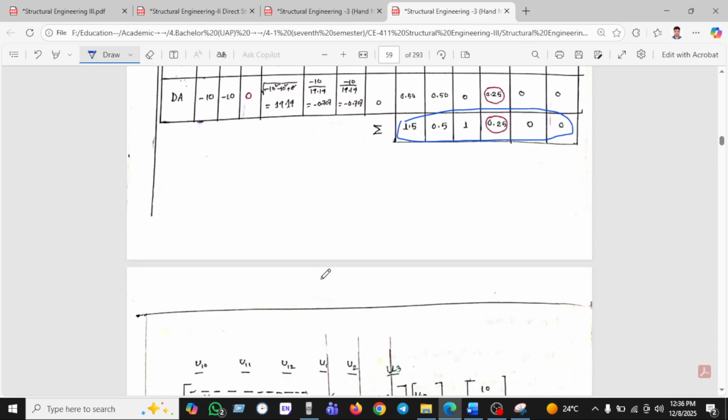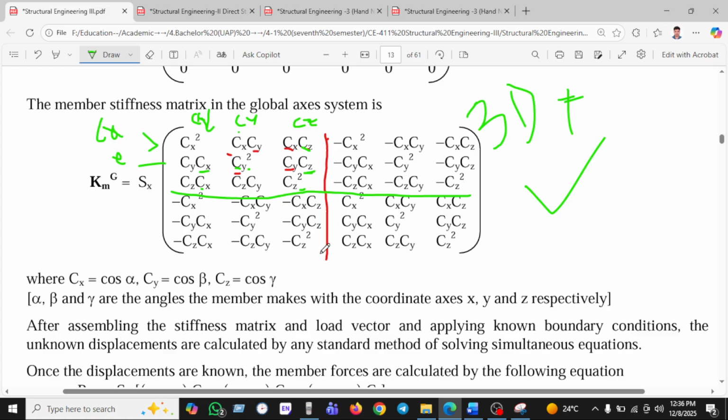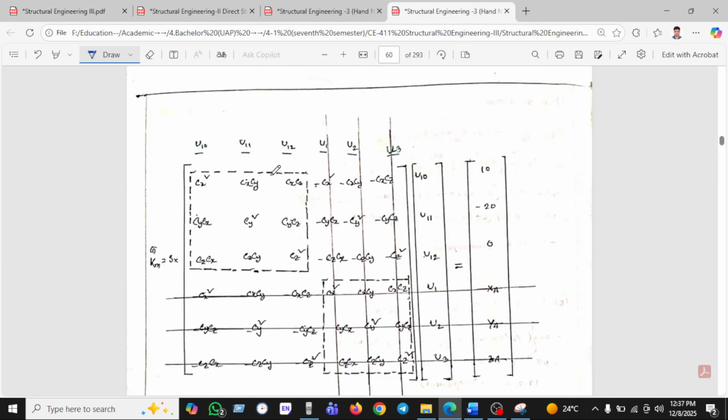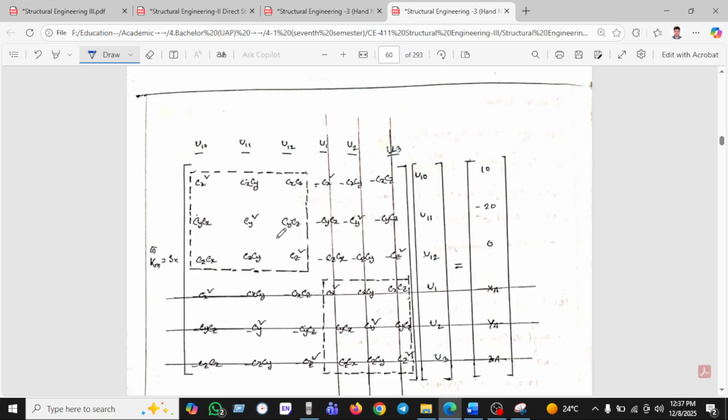Then you must be storming your brain about why we are using this formula, as we cancel out all of the formula but just use this portion. Why are we using this portion? If you understand this, then it will be easy for you.